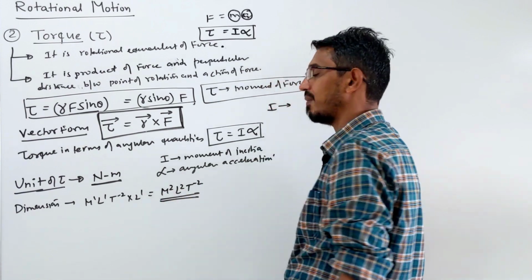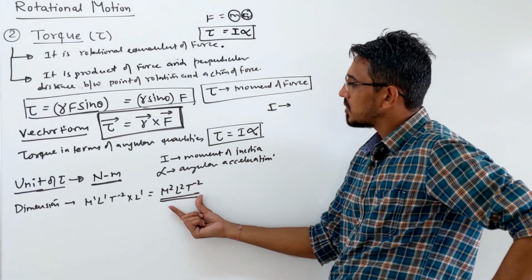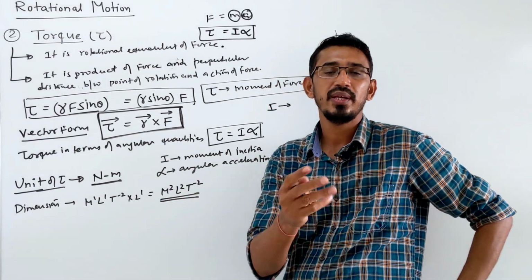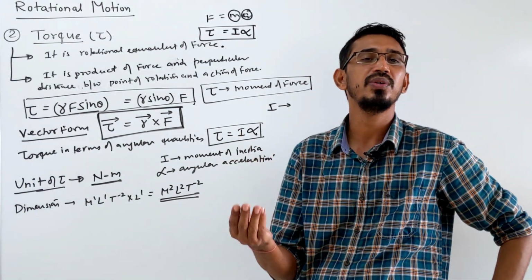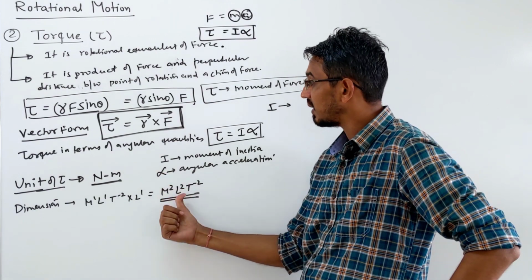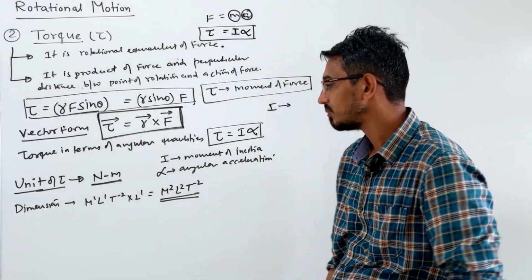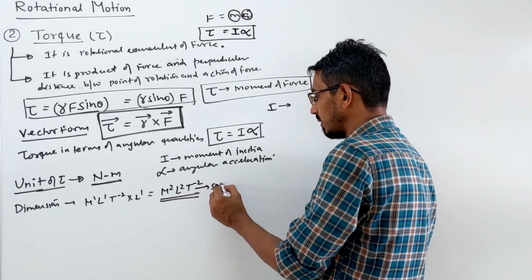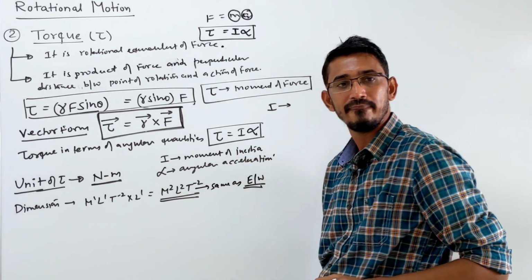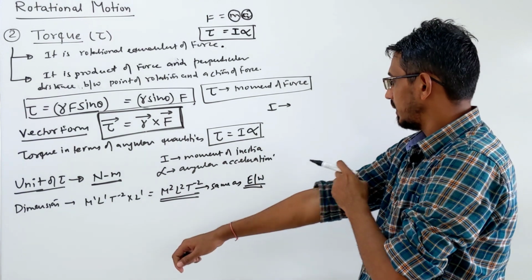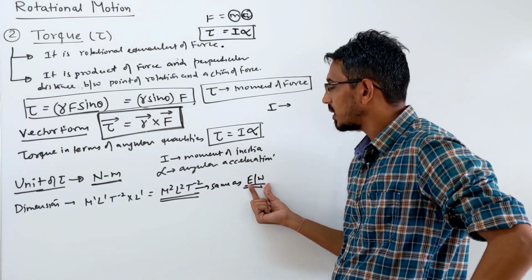Give attention here, very, very important. The dimension of torque is also like the dimension of energy and work, right? What is the energy dimension? M power 1, L power 2, T power minus 2. It matches the dimension of torque. So first remember that this is same as any type of energy and work. But you know the unit of energy and work is joule.